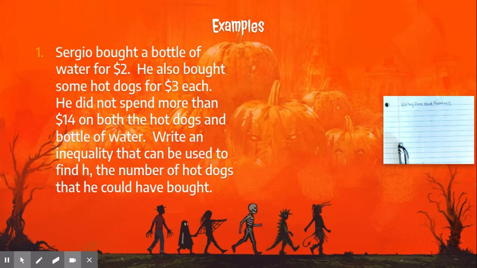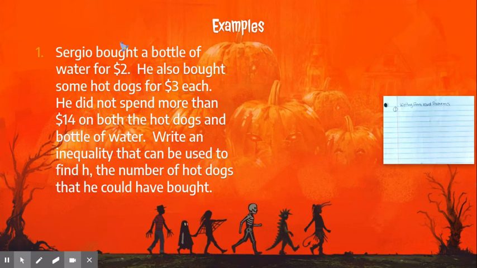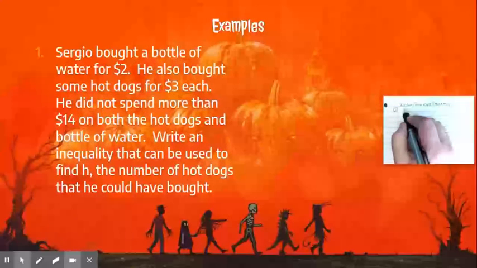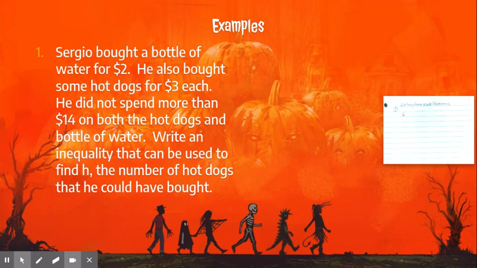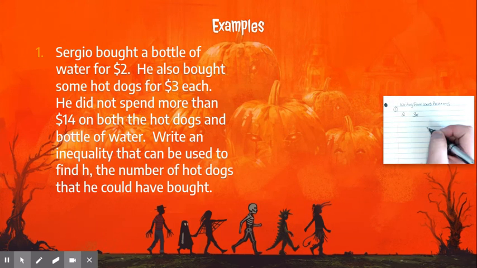Okay, so we're going to do some examples. Sergio bought a bottle of water for $2. He also bought some hot dogs for $3 each. So I only bought one bottle of water, so I know it's going to be 2. And then he also bought some hot dogs for $3 each. Remember, I told you that per, each, or every means that's going to be my X value there, 3X.